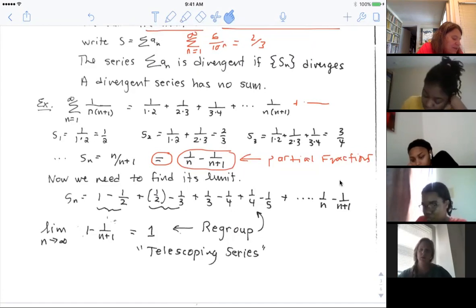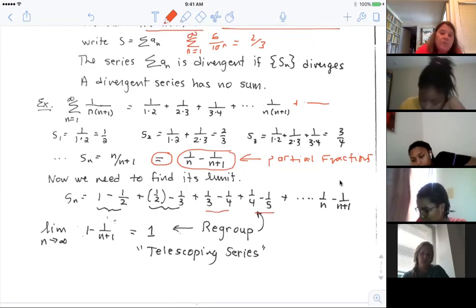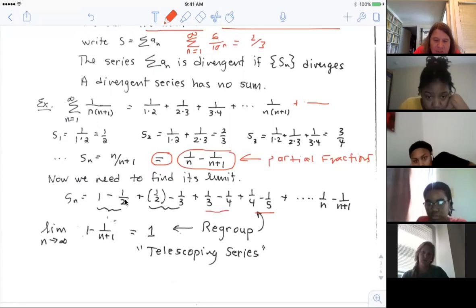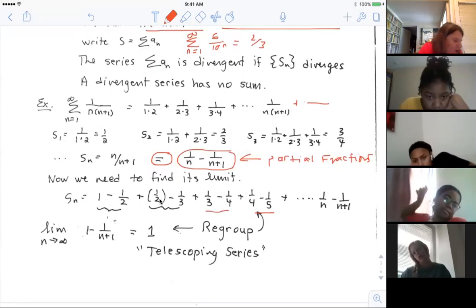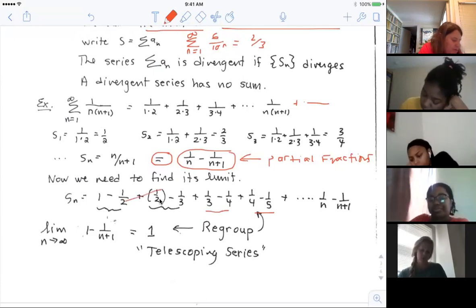If you look at this thing right here, that was just S1, that's S2, that's S3, that's S4. I want to regroup these things. Look at what happens. What happens to minus 1/2 and 1/2? They're gone. Minus 1/3 and 1/3?